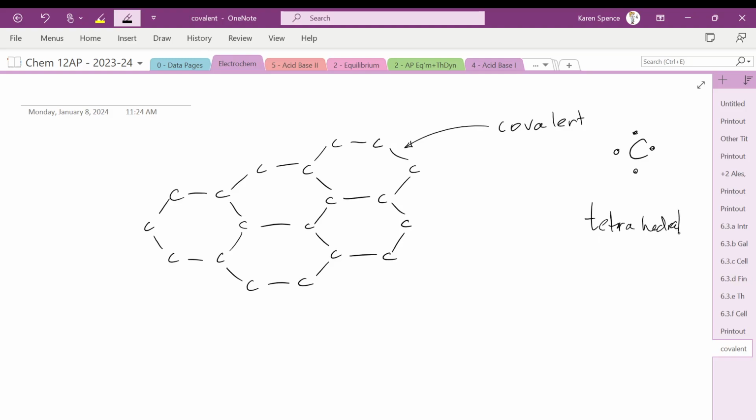Tetrahedral. We have 4 electron domains. Yes, what's an electron domain?